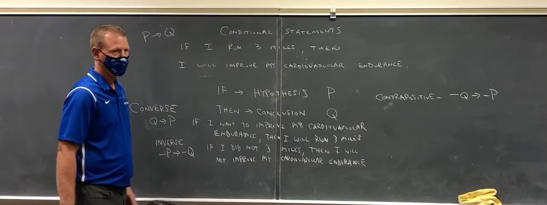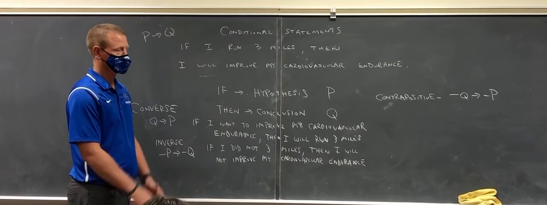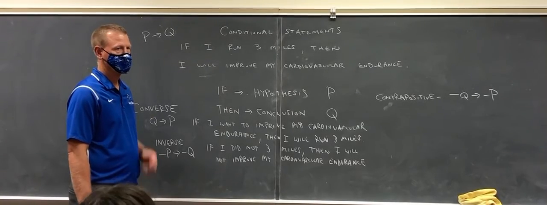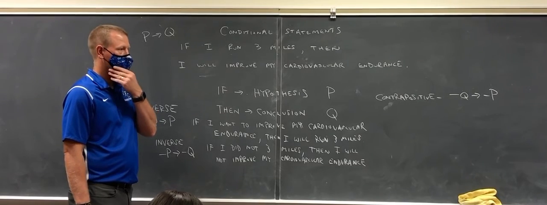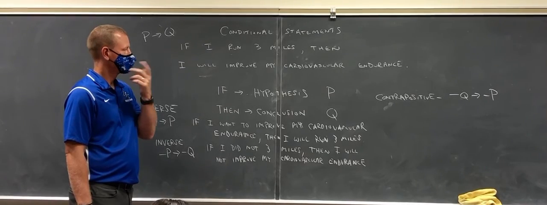Anybody want to try and do that for us, what that statement would look like? If I don't want to improve my cardiovascular endurance, then I won't run 3 miles. There you go.